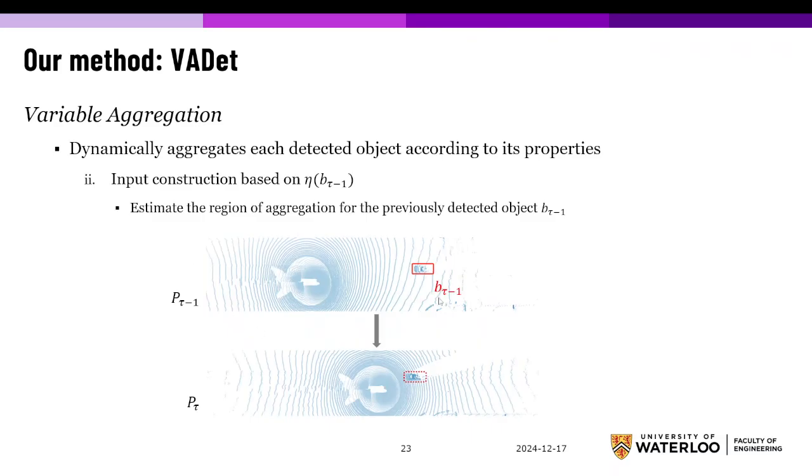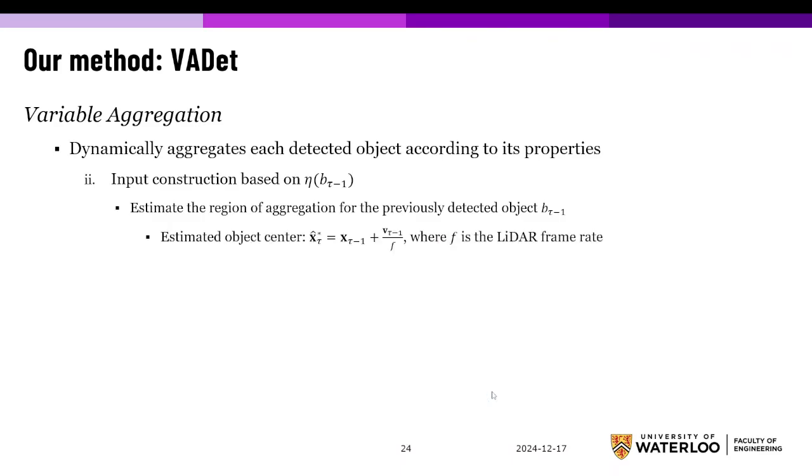So for example, let's say we have a moving vehicle here. In the previous frame, we observed it as a bounding box here. Having a current frame P sub tau, we want to roughly determine where the object might be based on what we know about the object in the previous frame.